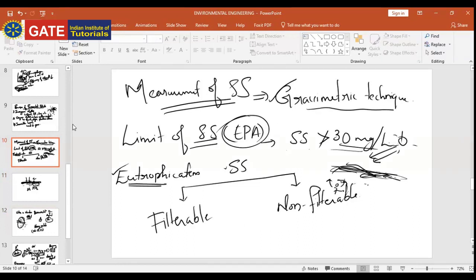Clear with it now? Just go through the things you have written. Is there any doubt? Means you can ask me. I'll be giving you 2 minutes. Just go through all the things you have written for suspended solids and see if there is any doubt or any anomaly, or if you can add something, you can add. Okay. So I'll be giving you 2 minutes.